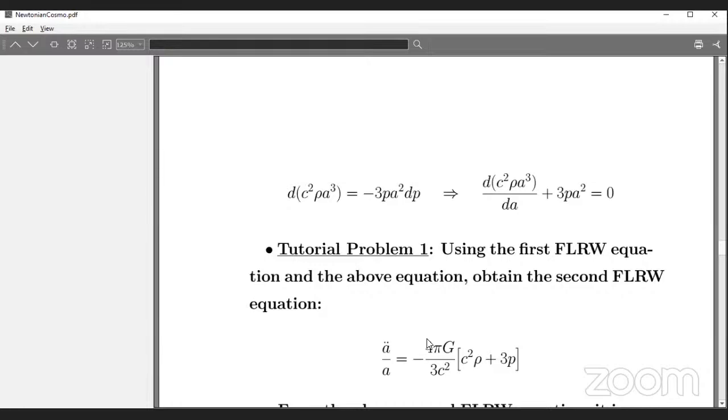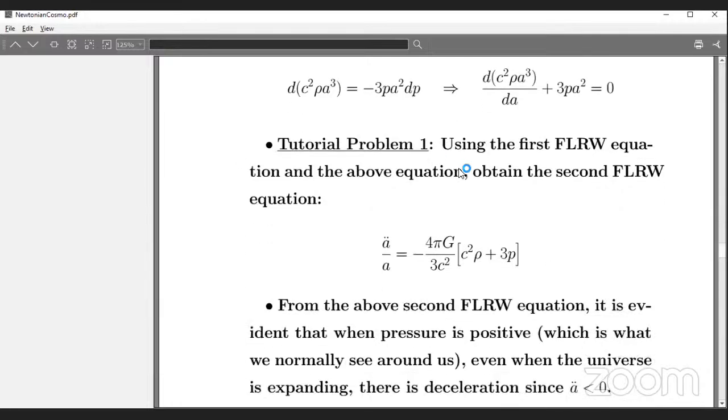Only two out of them are independent. Okay, so this is a tutorial problem. Please solve and show that indeed from the first FLRW equation and the energy evolution equation, you can derive the second FLRW equation.